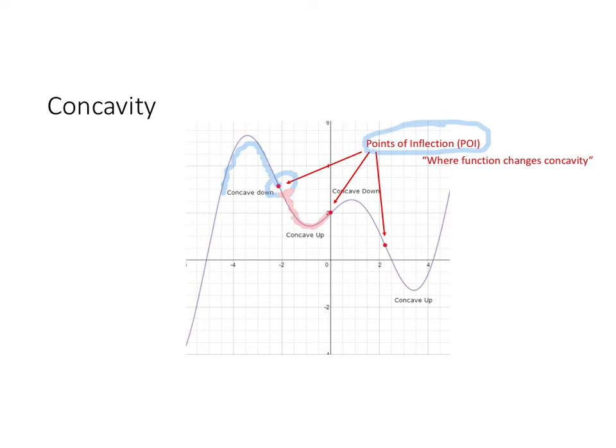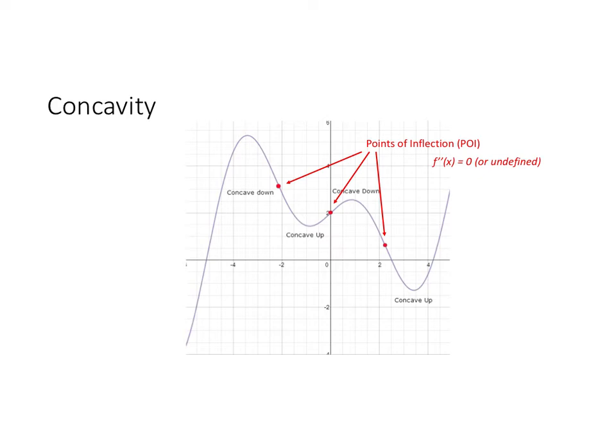And similarly, at this point, we change to be concave down, and then at this point, we change to be concave up. These are what are referred to as points of inflection, where the function changes concavity.